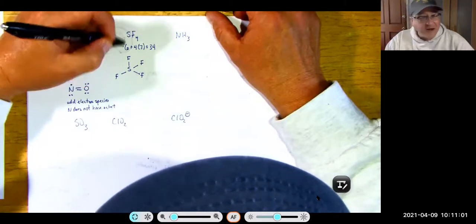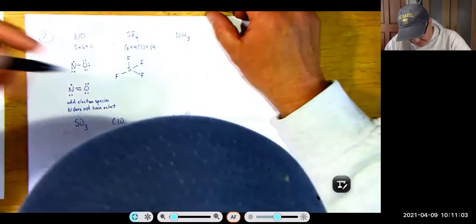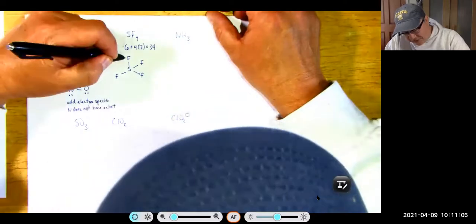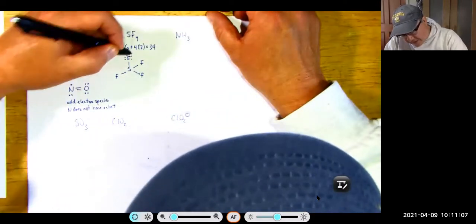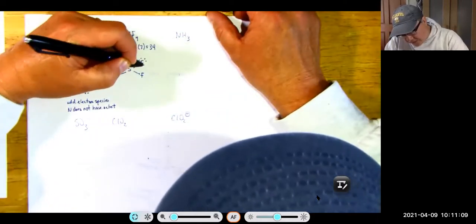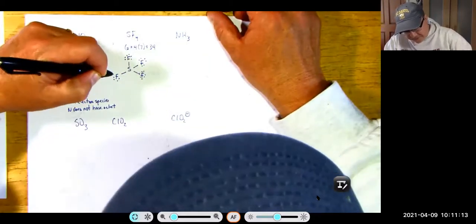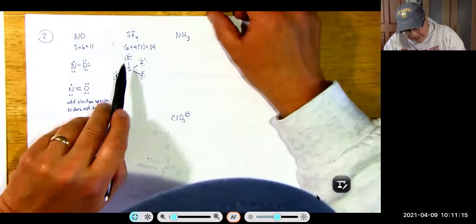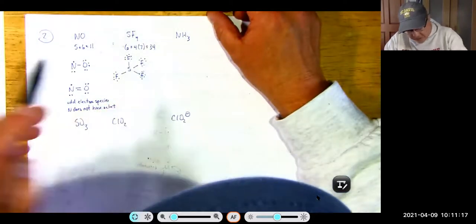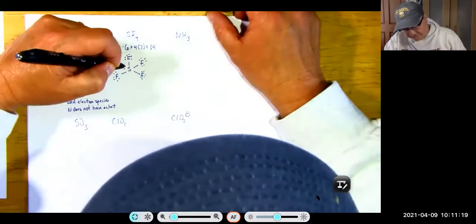I was thinking there were 5 fluorines, but there's only 4, so oh well. So here I'm putting lone pairs on the fluorines because they're the terminal atoms. And with 4 of these and 8 per, I've got 32 electrons, so there's 2 more on the sulfur.